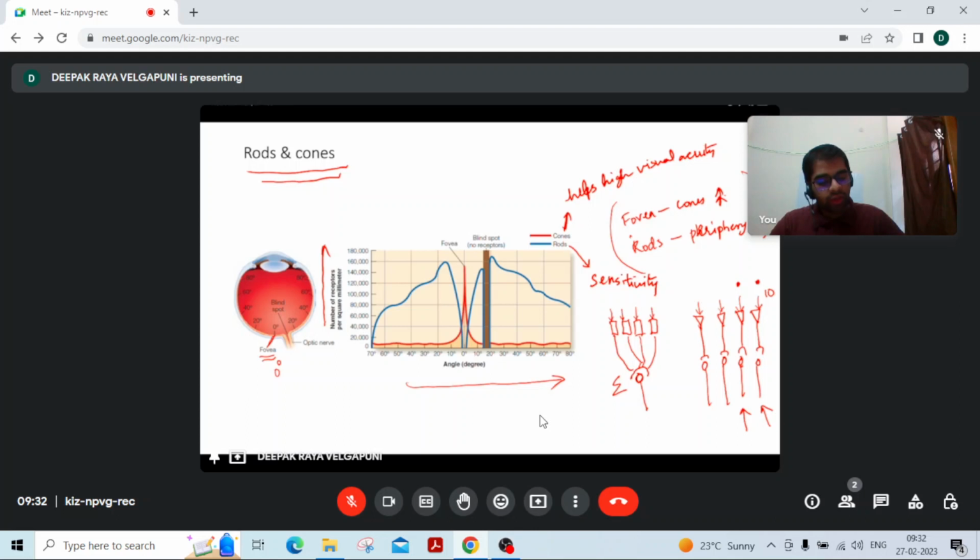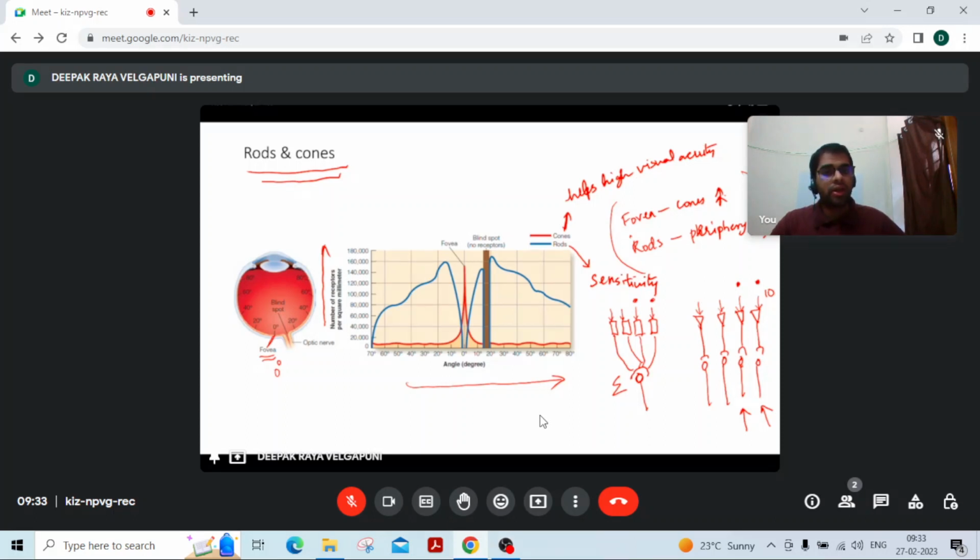But if you take two neighboring points in the case of rods, since it gets convergent summation, the signals get mixed up and the downstream neuron is not able to differentiate between the two neighboring points. This way, cones have higher acuity and rods have higher sensitivity.